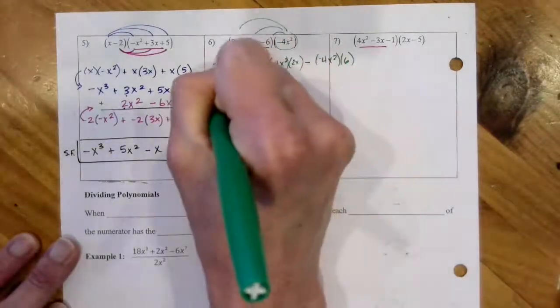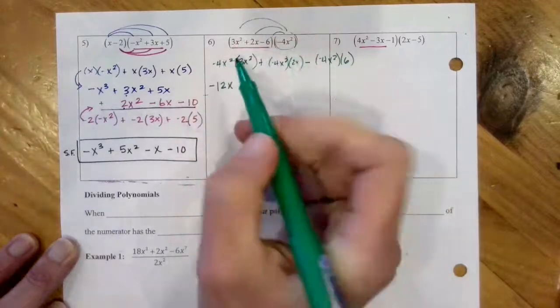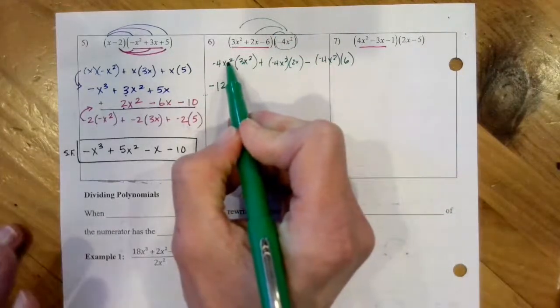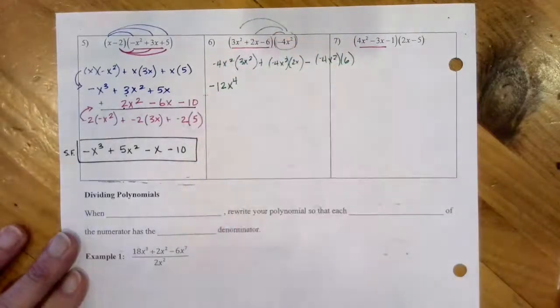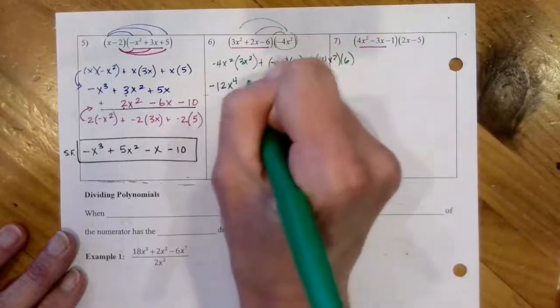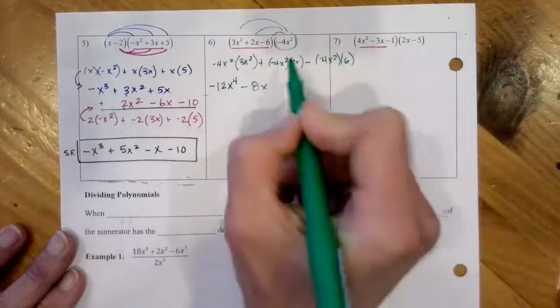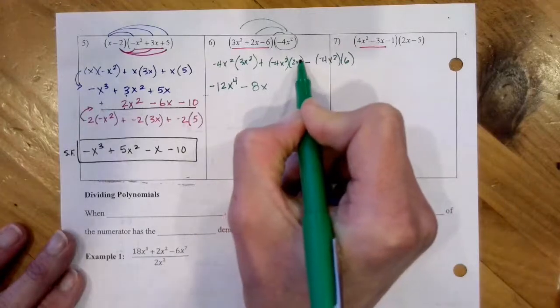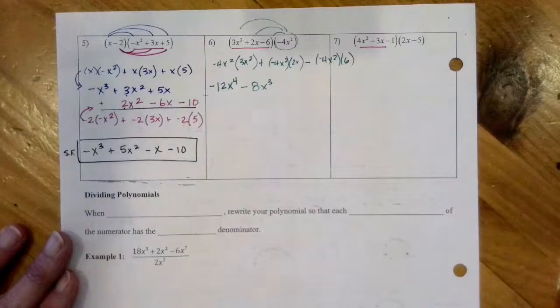So that's going to give me negative 12x. If I have 2 x's as factors and 2 more factors of x, that's going to give me 4 factors of x. This 4 is negative, so that's going to be minus 8x. Here's 2 x's as a factor. 1 more x makes 3 x's being multiplied together.